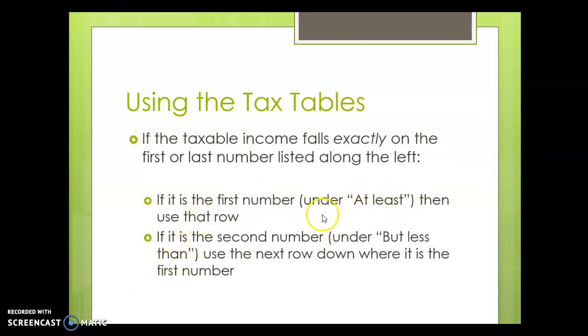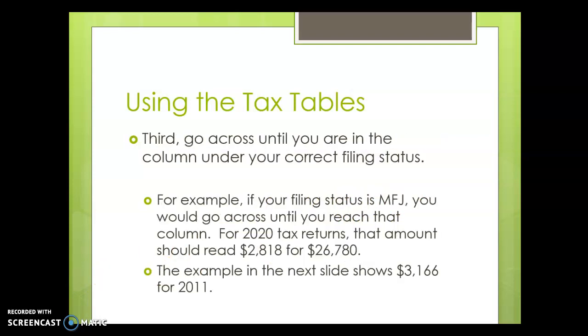That's the row you want to use. If it's the second number, which is the but less than column, then you want to go one row down where your number is the first number in the at least column. That's the row you want to use.